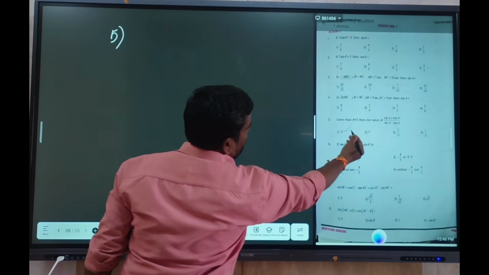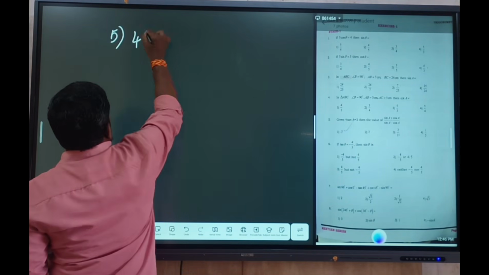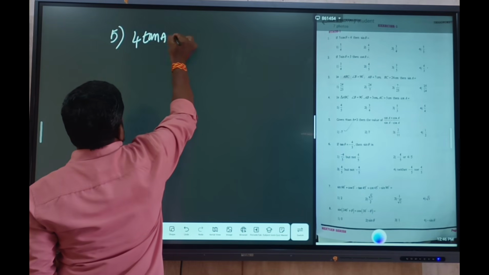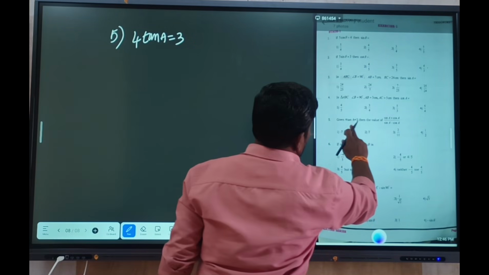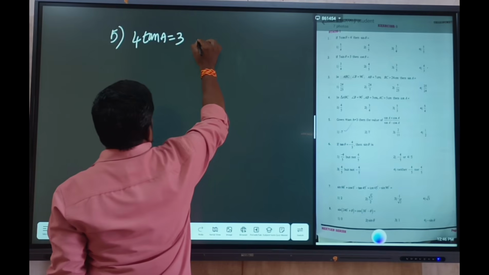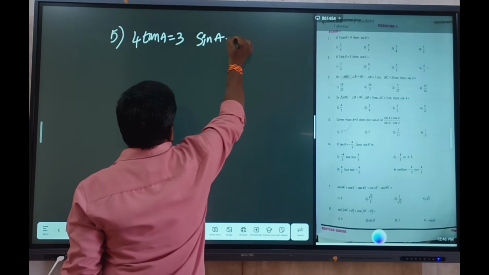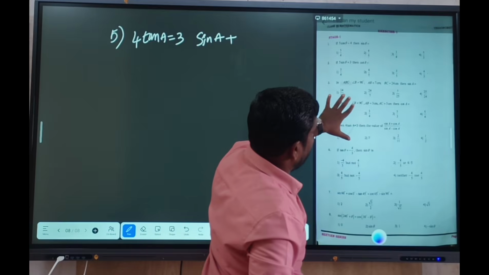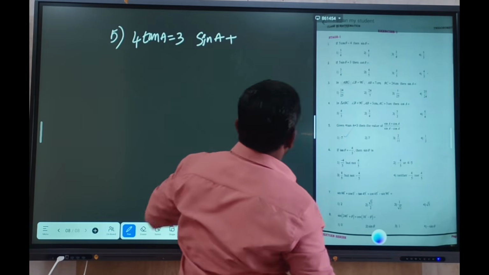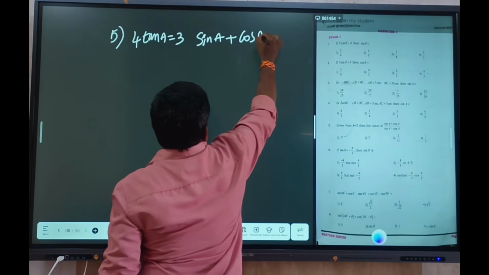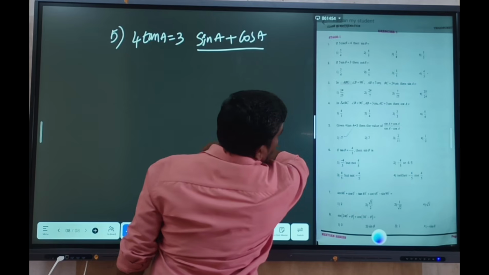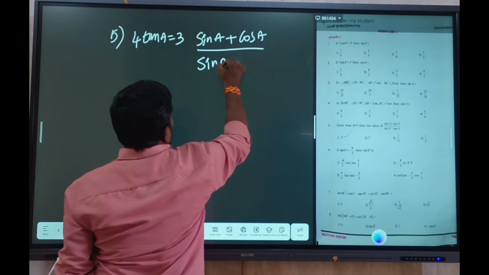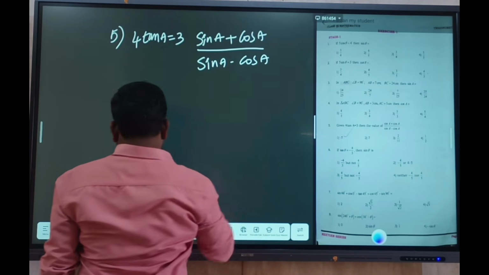What is the fifth question here? 4 tan A is equal to 3. The value of sin A plus cos A by sin A minus cos A is asked in the question.